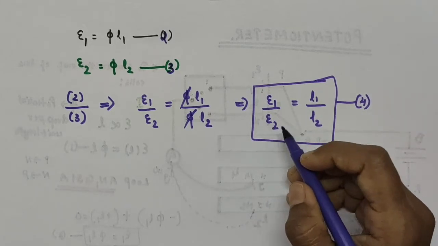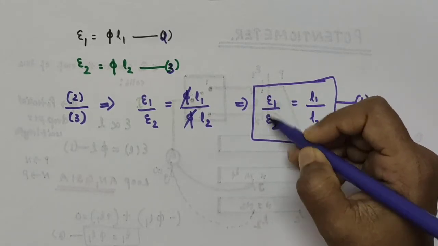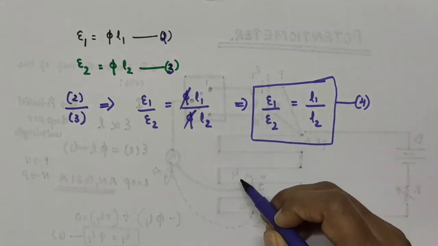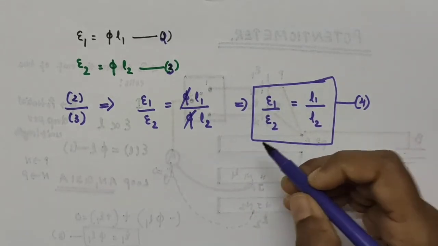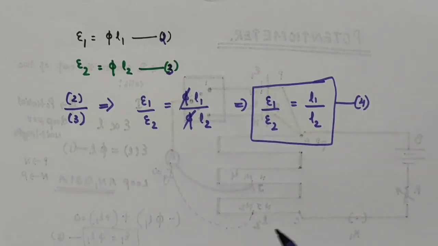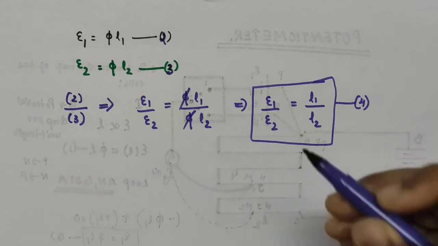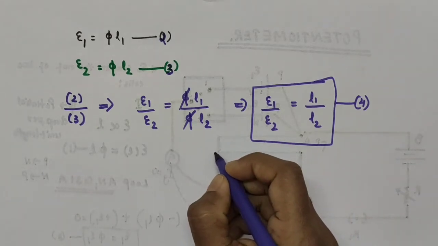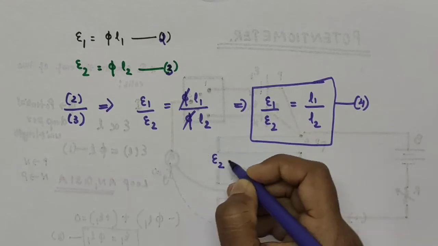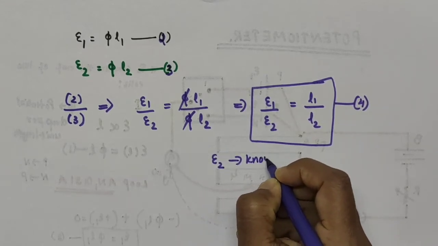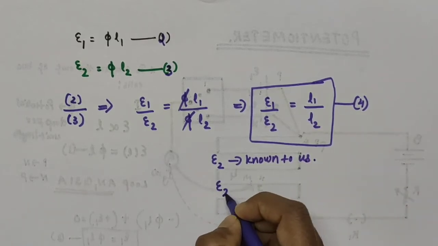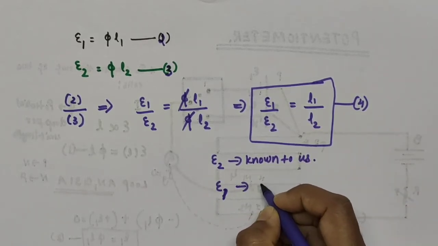So like this, we can compare the EMFs of two sources which are having EMFs E1 and E2. Now you see, we can even choose one cell as a standard one whose EMF is known to us, so we can calculate the EMF of the other. For example, imagine we know the EMF of the second cell, that is, we know epsilon 2, and E1 is an unknown one.